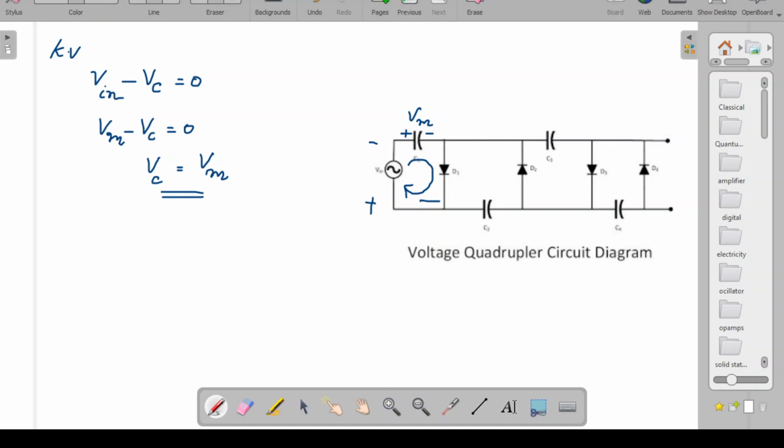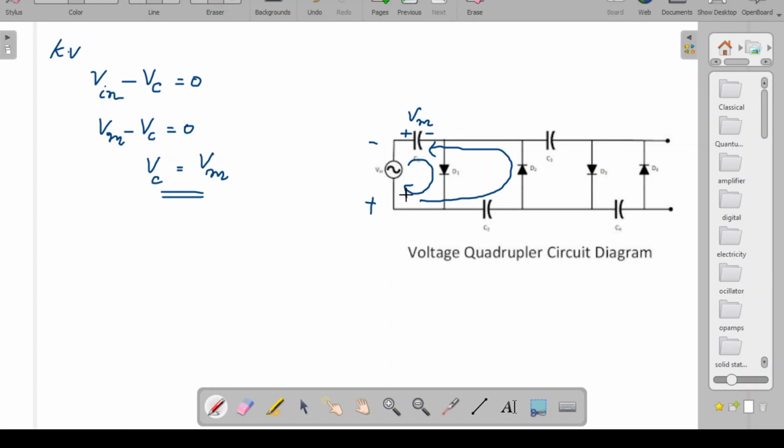So the current is flowing in this particular loop during this negative half cycle. When the current flows in this loop, again I can write Kirchhoff's voltage equation to find out the voltage of this capacitor, how much it will get charged.